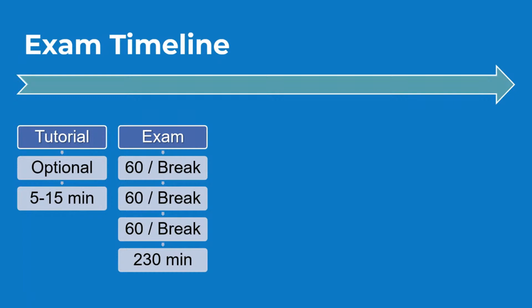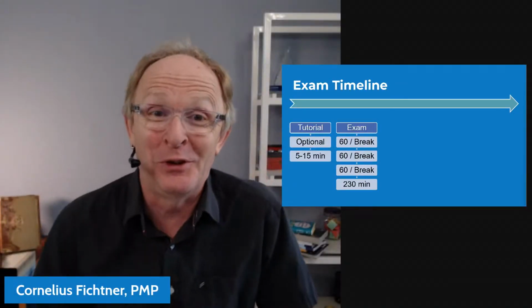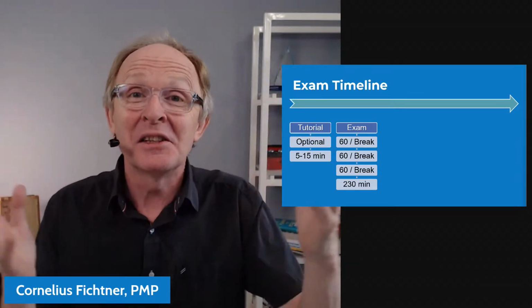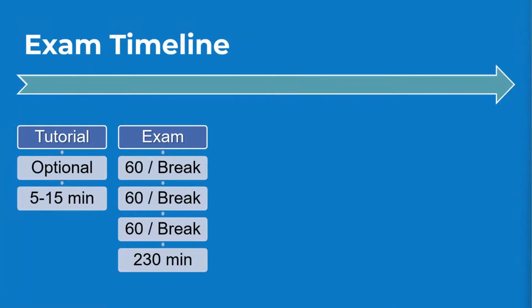Actually, there is no break after the third one. What was I doing? I will have to adjust this slide. There is no break after the third set. There's only a break after the first and second set. This is what happens when you copy paste, right? Okay, so it's 60, break, 60, break, 60, finish. That's what it's supposed to say. And then the 230 minutes are over.